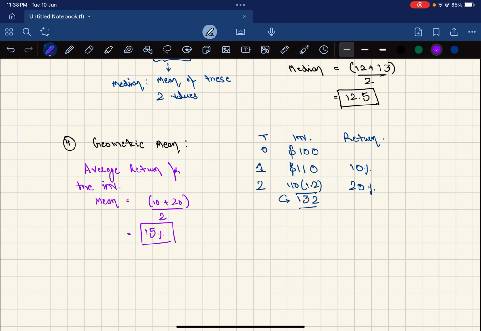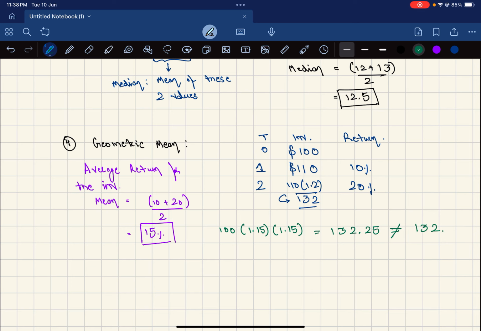But now if we had got 15% in each year, then ideally our $100 initially should have become 100 × 1.15 × 1.15, and this will not really come out to be the exact amount. So it comes out to 132.25, which is not equal to 132.